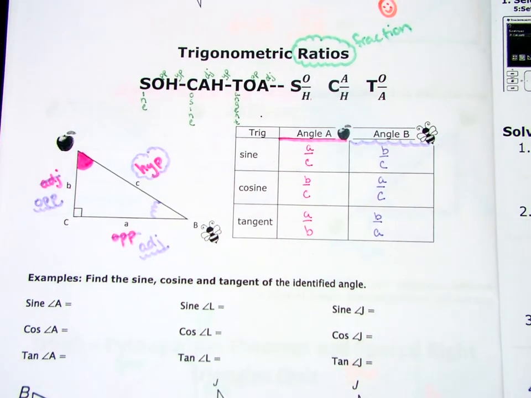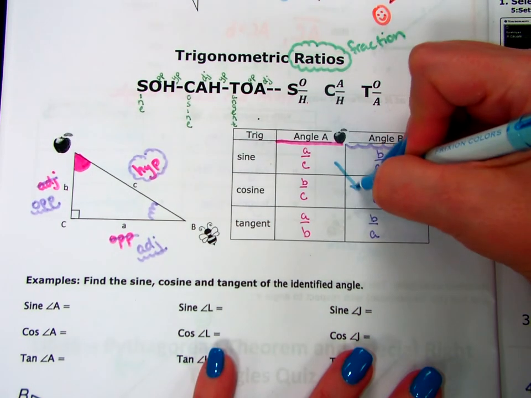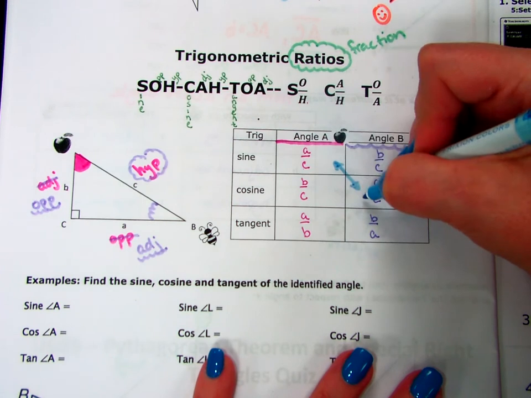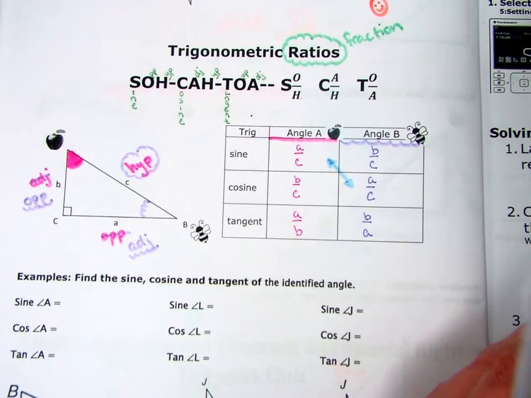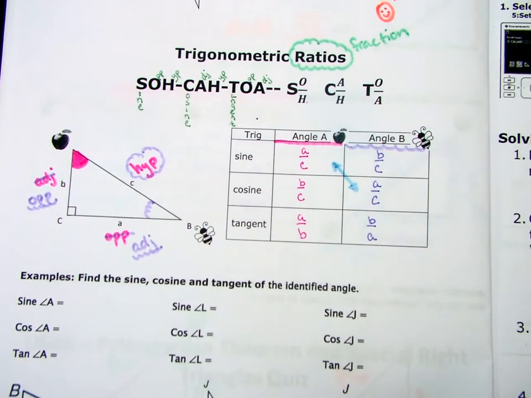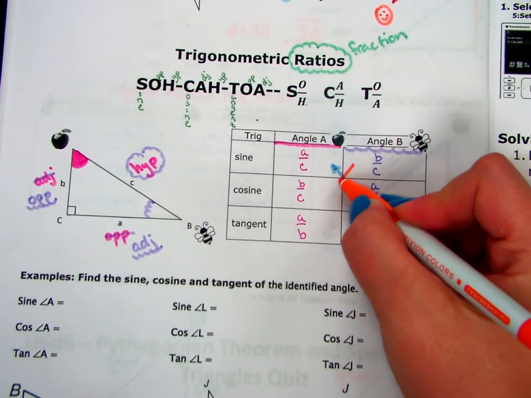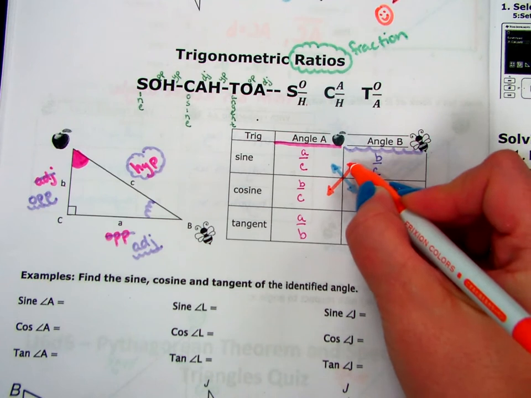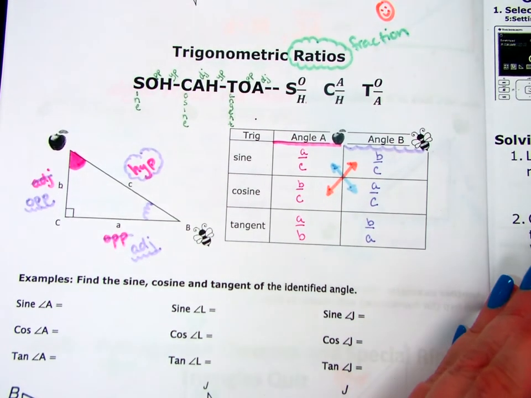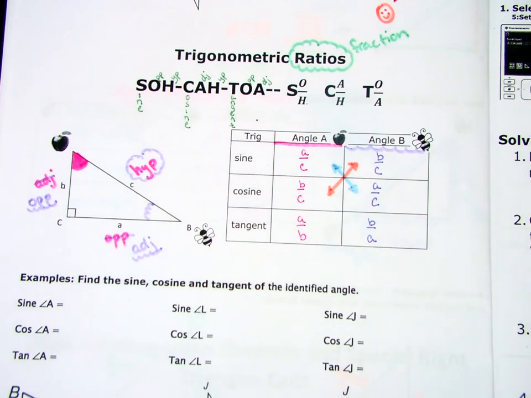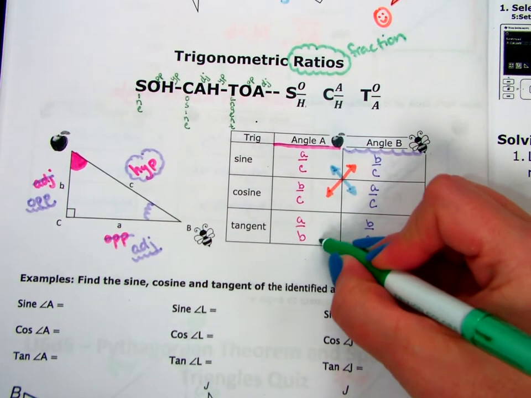Does anybody notice anything about the sine and the cosine when I'm looking at the two different angles? Yeah, they switch places, right? AC, AC. They switched places there. And then BC, BC, they switch places there. But my tangent, what do you see about the tangent?